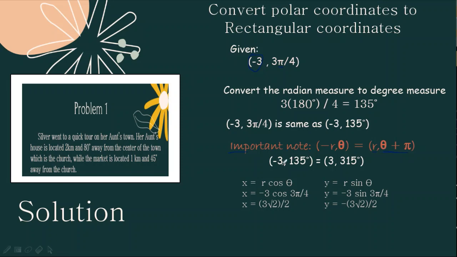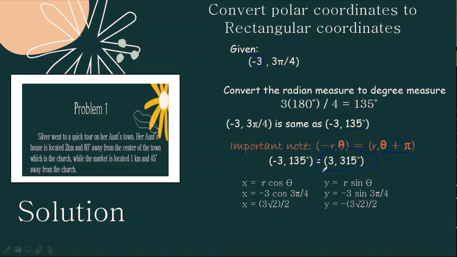So from negative 3, comma, 135 degrees, it becomes positive 3. Again, we find the absolute value of negative 3, so positive 3. Then our original polar angle is 135. We will add another 180 degrees. So therefore, our new polar coordinate is this one.